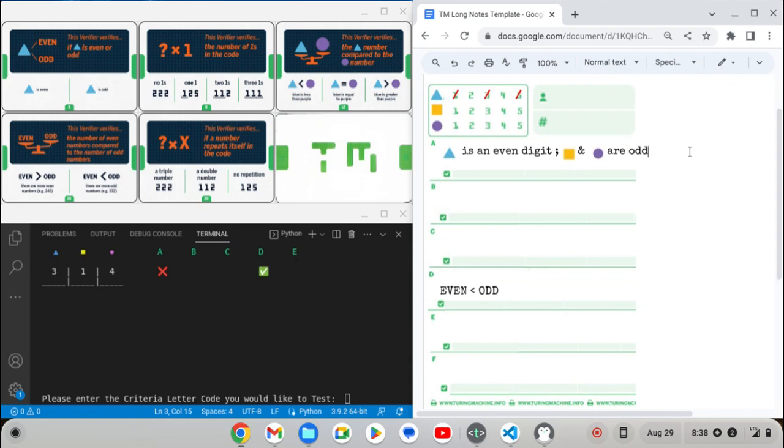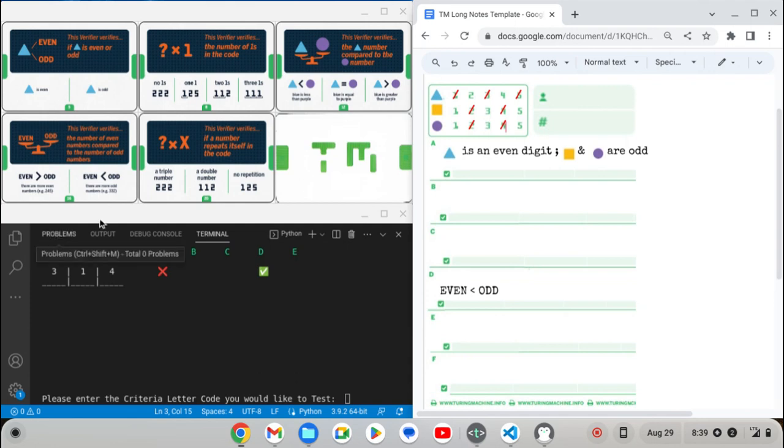And of course, since they are odd, I can cross out the evens in both square and circle, so crossing out the 2 and the 4 in each. So that means we're looking at a solution that is even, odd, odd. And well, let's take a look.